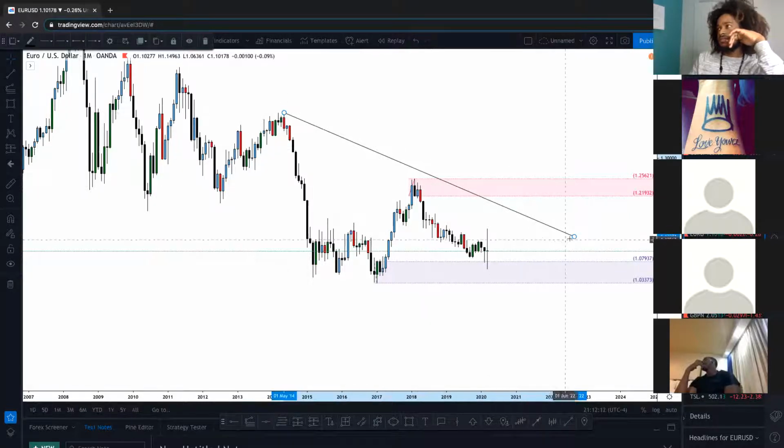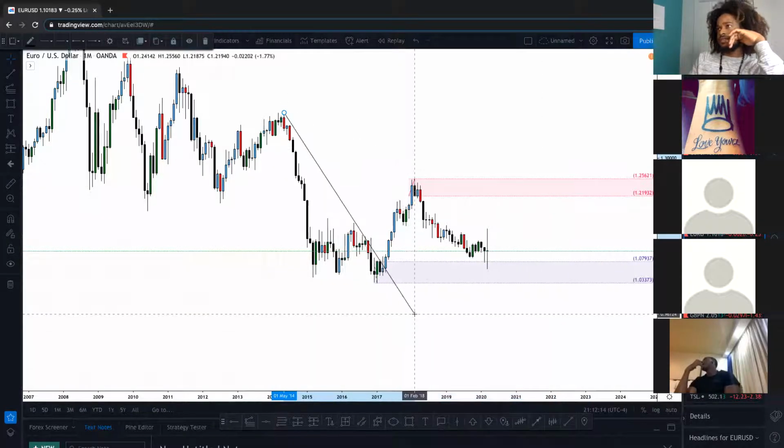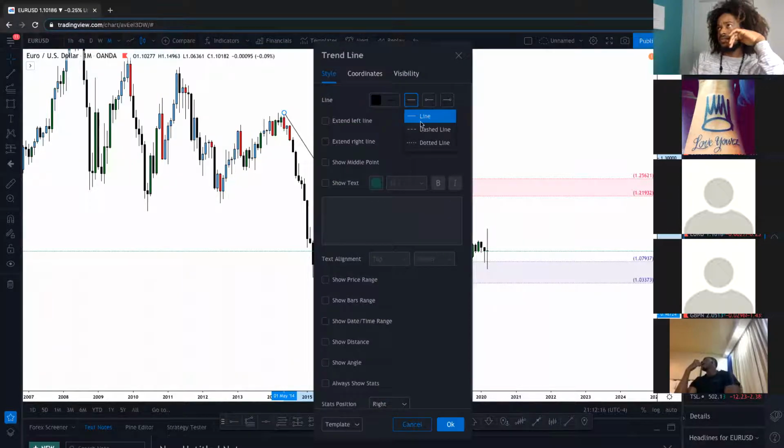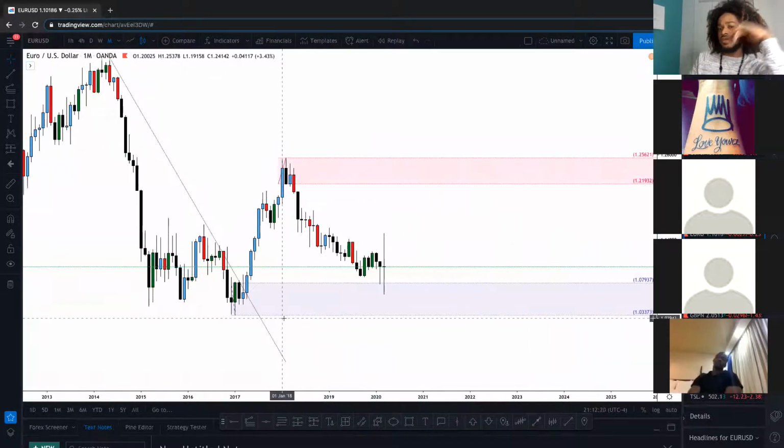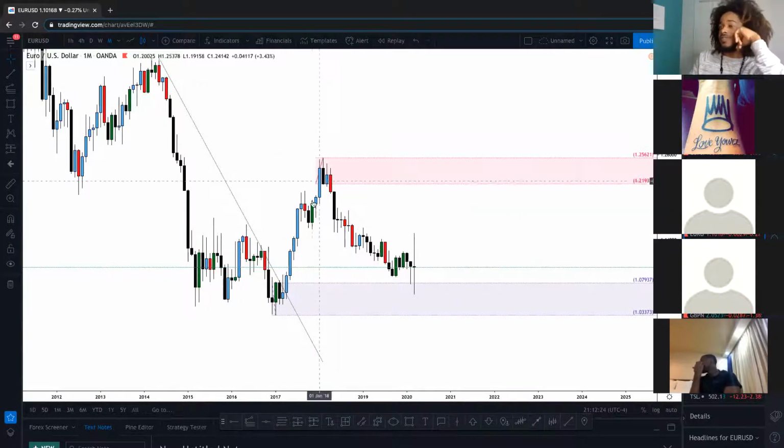Draw a trend line, you get a trend line break. So we have valid demand here, right, on the monthly time frame. And we have valid supply here, right, on the monthly time frame.